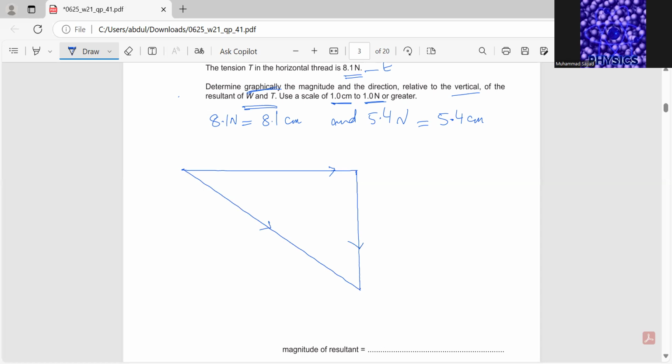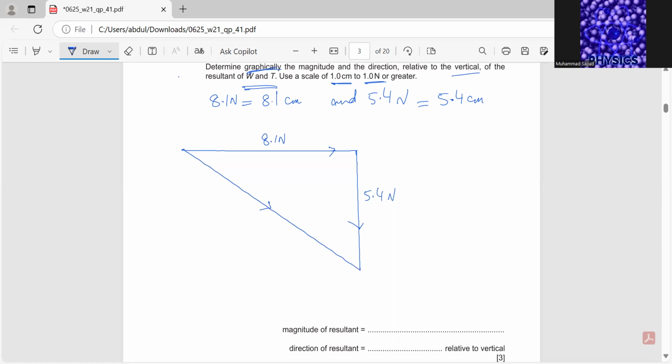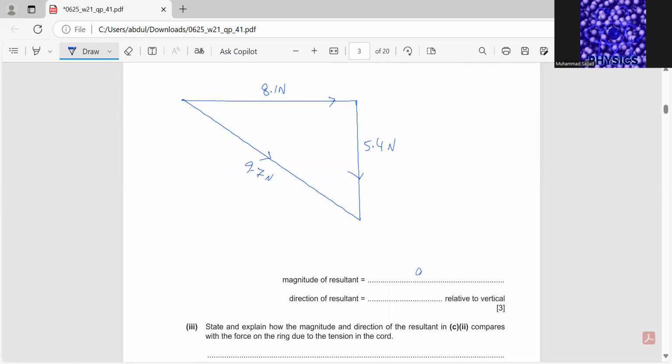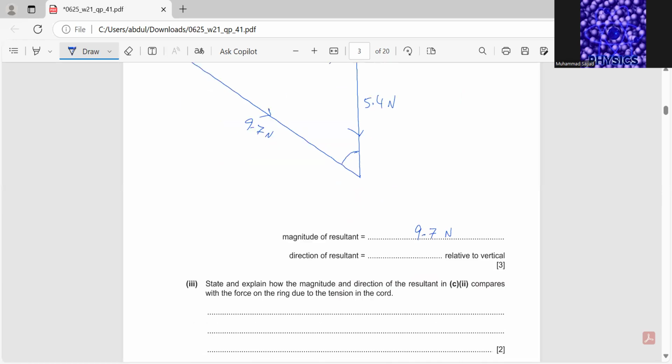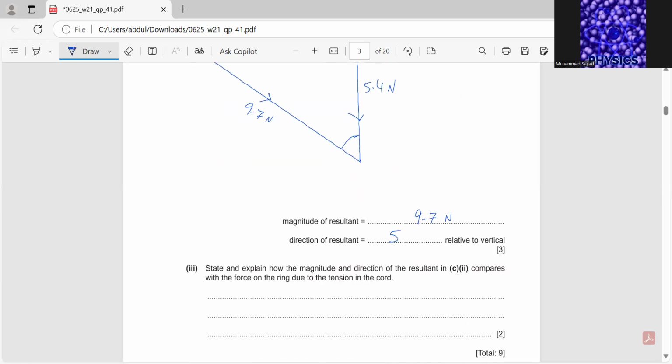And when I'm using, okay, wait a minute. 8.1 Newton, 5.4 Newton, and as I'm measuring the resultant, it is almost 9.7 Newton. And the angle with the vertical direction comes to be 55 degrees with the vertical by using a protractor.